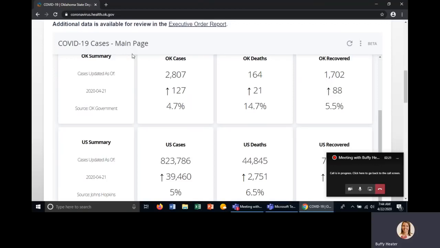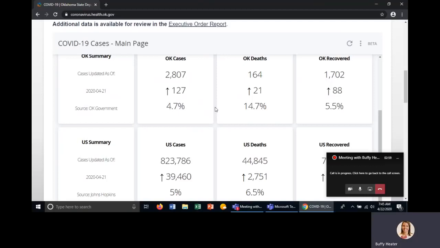On this dashboard main page, you'll notice that there are some Oklahoma-specific summary statistics as of April 21st, which indicate on a day-by-day basis the total number of confirmed cases among Oklahoma residents, the total number of deaths among those confirmed cases, the direction and number of daily changes, as well as a rate of growth from the prior reporting period.